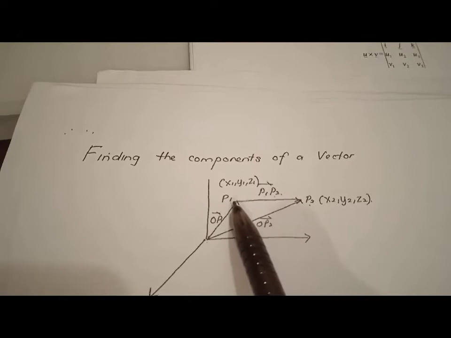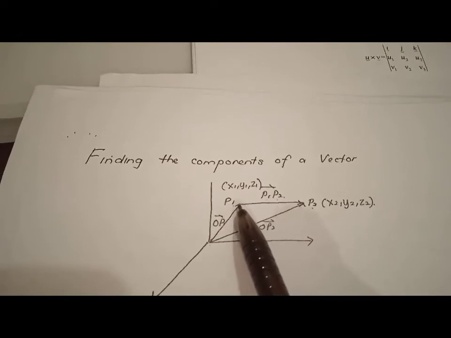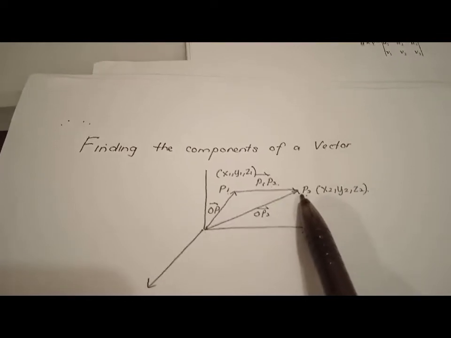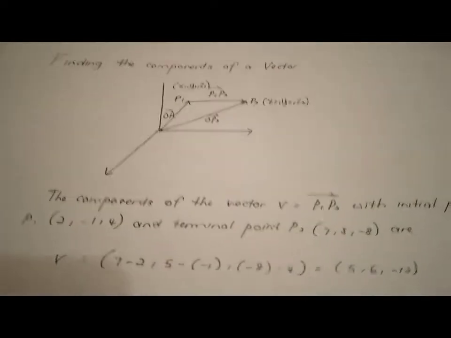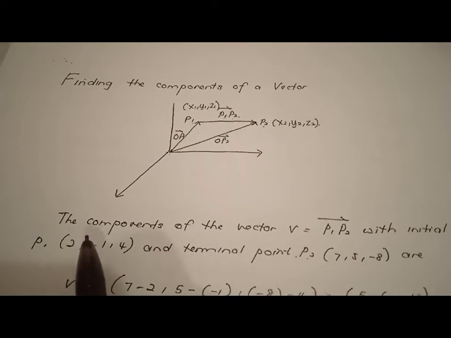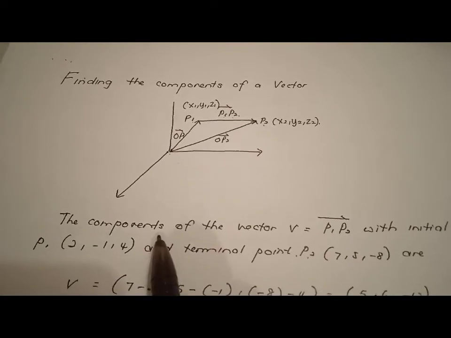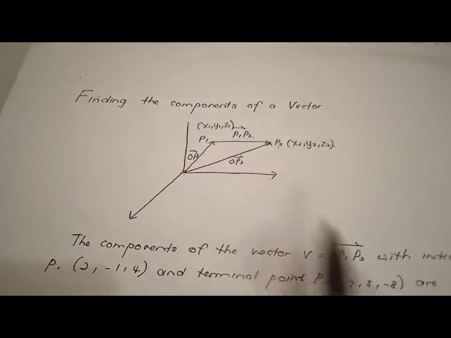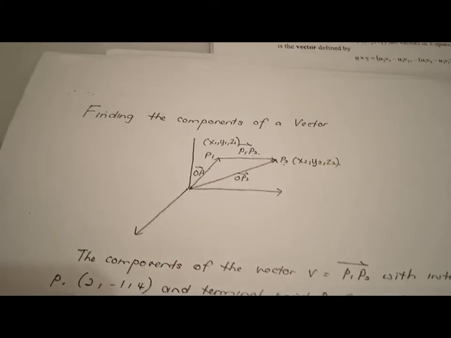And then if we were to find the vector or component for the P1 to P2 vector, we use the method for the components of the vector V given P1 to P2 with initial points.